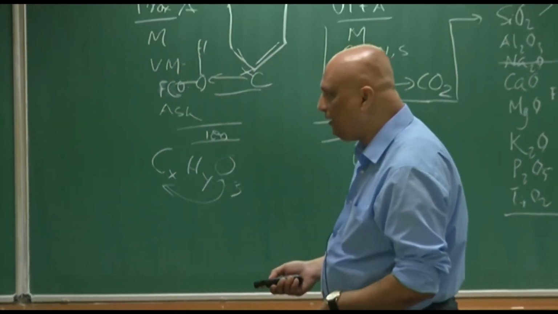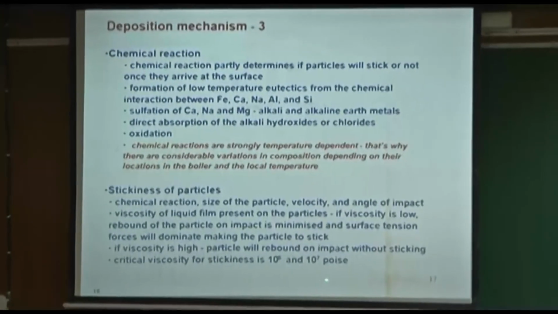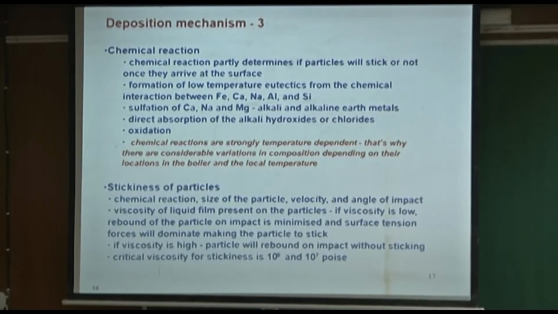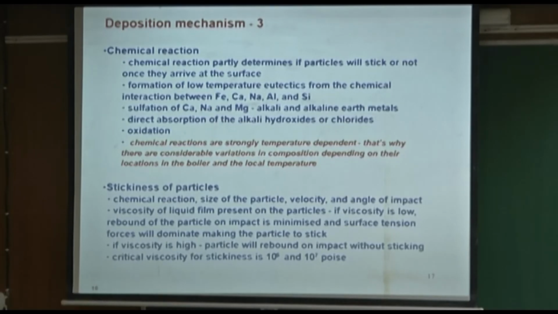These are some of the figures that I have taken. The critical viscosity is between 10 to the power 6 and 10 to the power 7 poise. Sometimes the design engineers, the boiler designers, actually look at it, and they get it from established models, in-house or otherwise, from this composition.